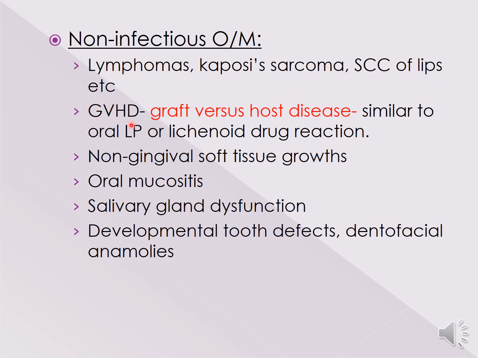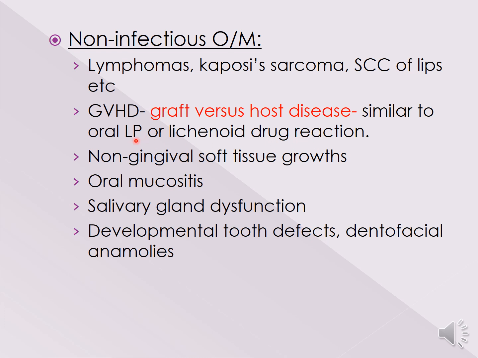And graft versus host disease is a non-infectious oral manifestation which is seen because the graft has to be dealt with by the host, and because of this a reaction develops in the oral cavity or elsewhere in the body, which is very similar to oral lichen planus or lichenoid drug reactions.